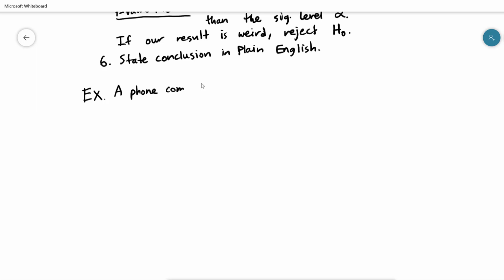A phone company, like a mobile carrier, Verizon, T-Mobile, Sprint, something like that, claims that their network drops fewer than 5 calls a year on average.